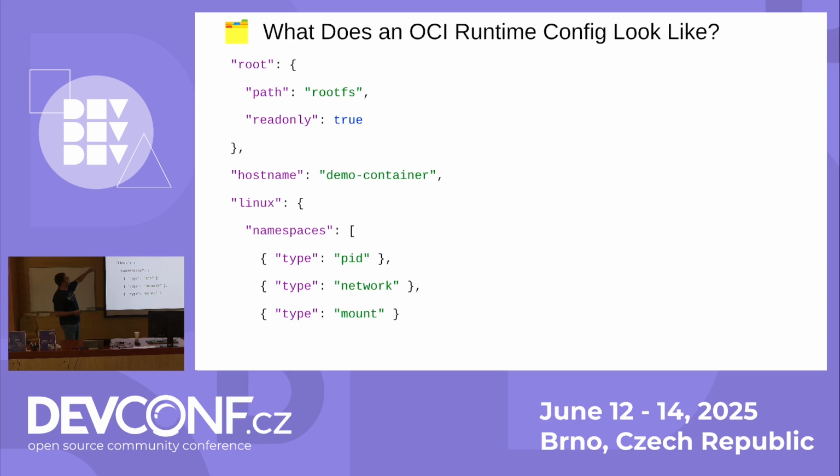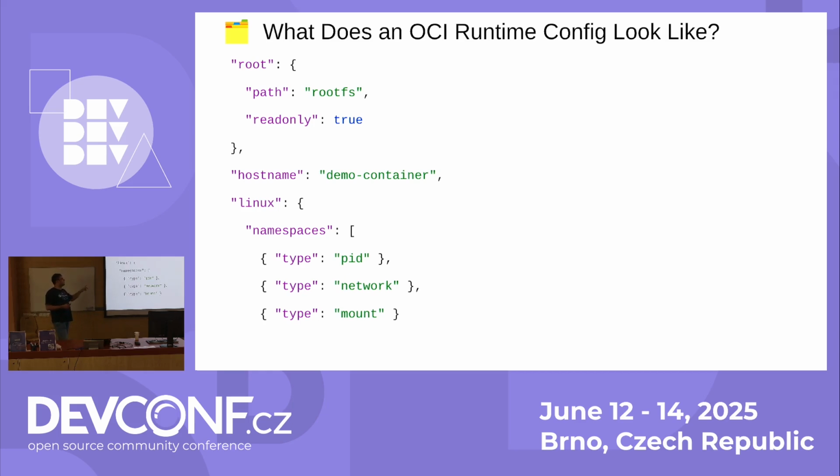Also, one important thing that I wanted to show is that here in the root, you can define where your rootfs is. That means that the OCI runtime doesn't care about how the image format looks like. So you need to just provide the rootfs, prepared ahead of time.